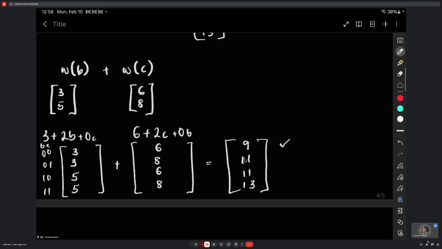But do we see any similarity between these two guys? Yes, 5, 6, 8. This one is 3, 3, 5, 5, and this one is 6, 8, 6, 8.